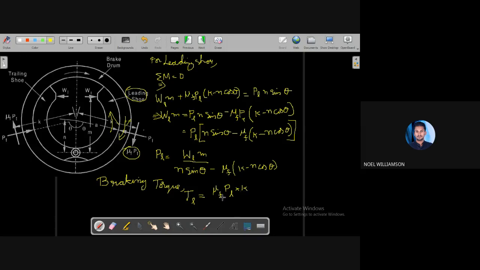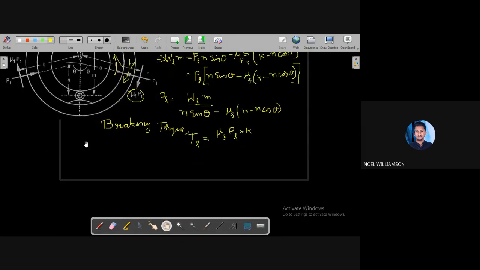Now substituting the value of PL, we get the relation, finally TL equal to WL into M into mu f into k divided by n sin theta minus mu f into k minus n cos theta.